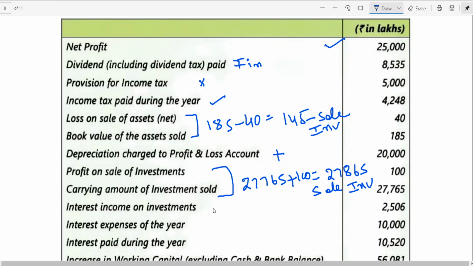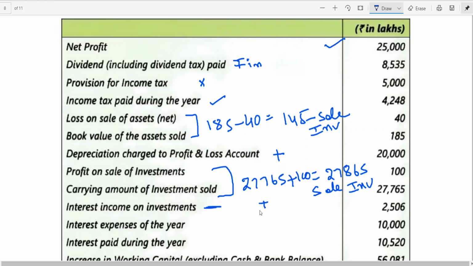Interest income on investment is clearly investing activity, but to get the cash generated from operating activity, it is to be subtracted first, not added, sorry, they were already added to get the net profit. It is to be subtracted, and this will be taken to where?